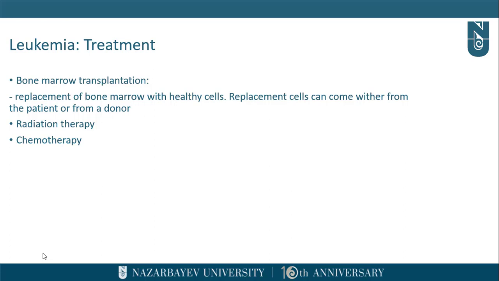One of the methods is transplantation of bone marrow with healthy cells. The replacement can come from the patient itself or from a donor, so that once we have a successful transplantation of bone marrow, we would be able to see the formation of blood cells. Other more systemic treatments would be radiation, chemotherapy, or localized radiation therapy.